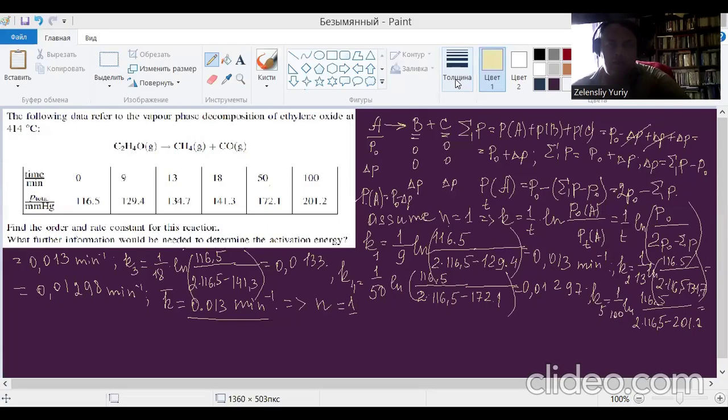I'll just open it again. I'm looking at the problem itself.